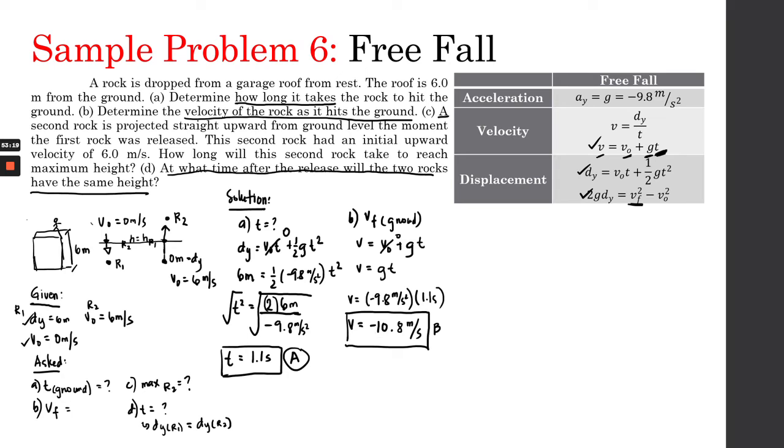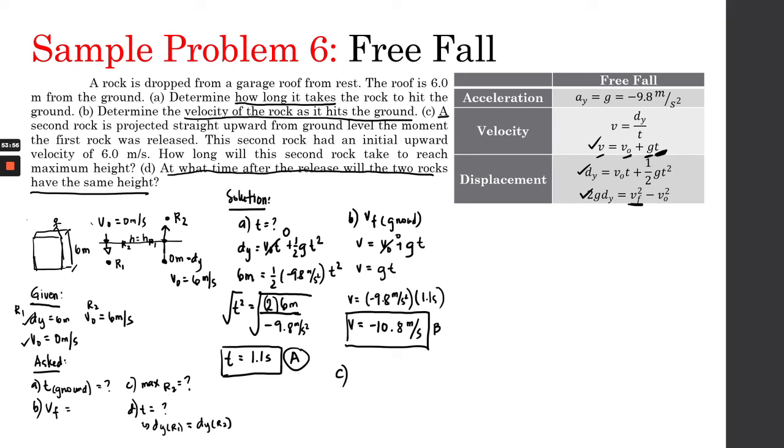Okay. Now let's solve for C. As for C, what is the maximum height of rock 2? Remember, we throw rock 2 with an initial velocity of 6 meters per second as we drop rock 1 from the rooftop 6 meters from the ground. So to identify the time.